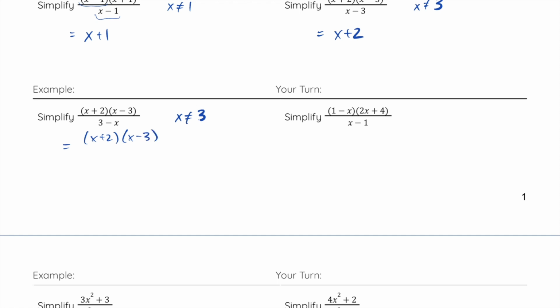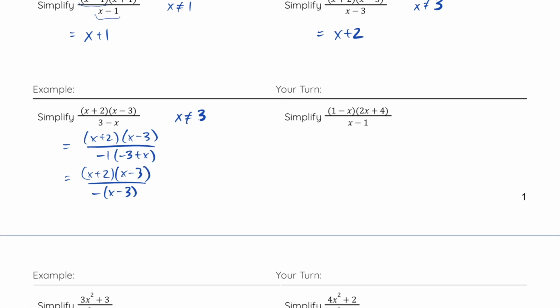So 3 minus x. If I factor out a negative 1, I end up with negative of negative 3 plus x, which is the same thing as saying x minus 3. So our denominator is the same thing as saying negative (x minus 3).